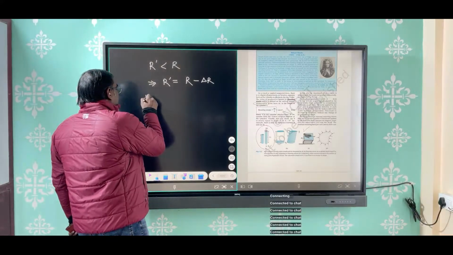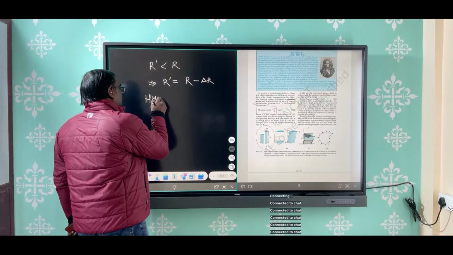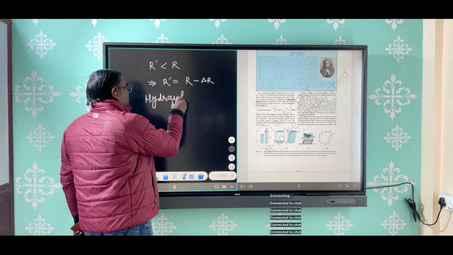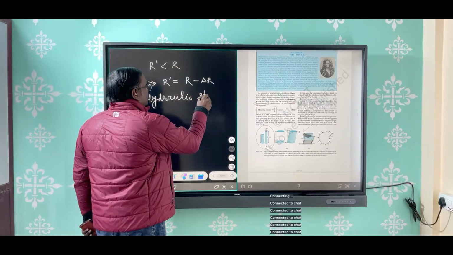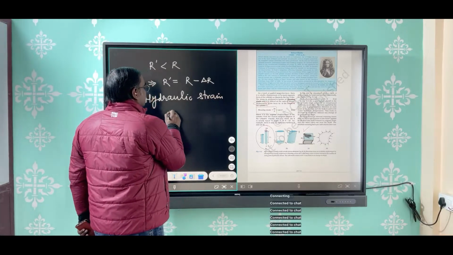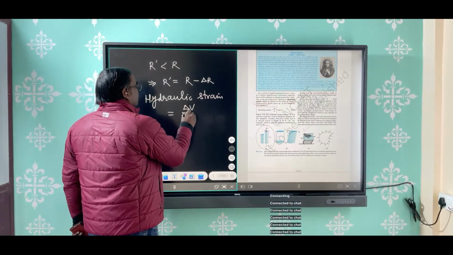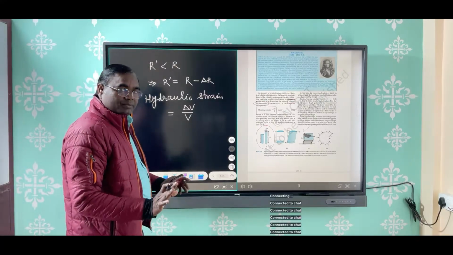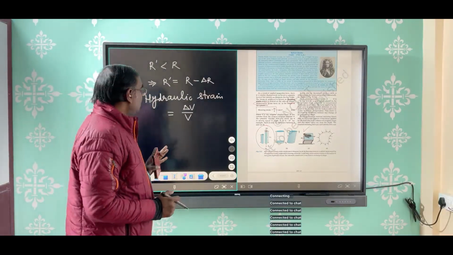So hydraulic strain is equal to change in volume upon initial volume of the sphere here in this case.